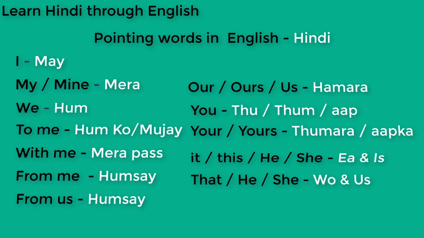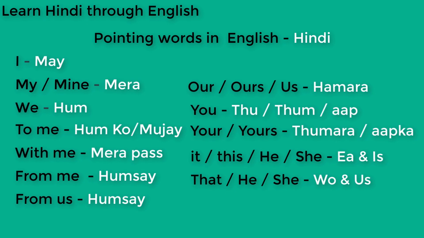I, may, my and mine, mera, we, hum, to me, हमको, मुझे, with me, मेरा पास, from me, from us, हमसे. We are not having any logic behind with me. It is just how it is spoken. With me, मेरा पास, from me and from us, हमसे.